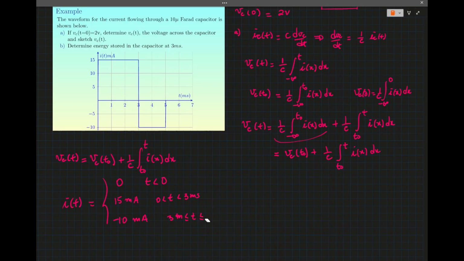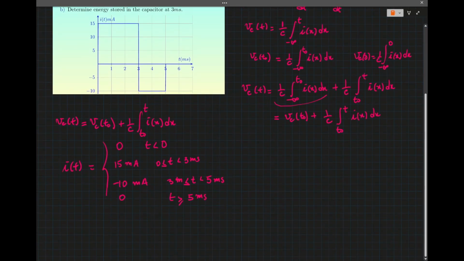I can close or open the end, it doesn't really matter. And it's going to be 0 when t is bigger than or equal to 5 milliseconds.